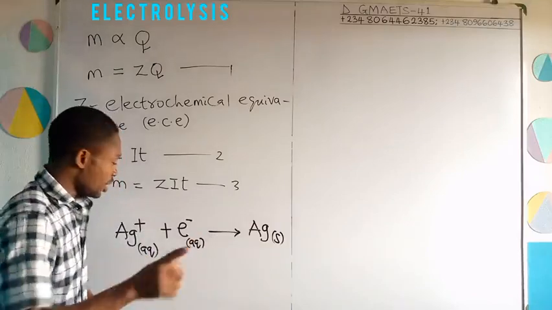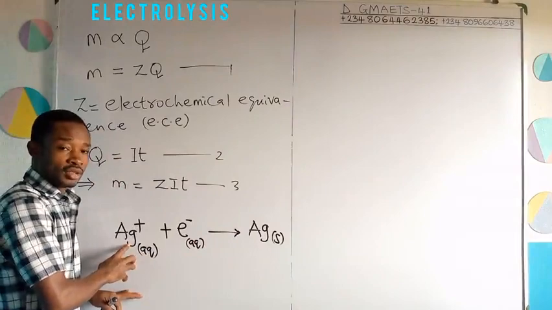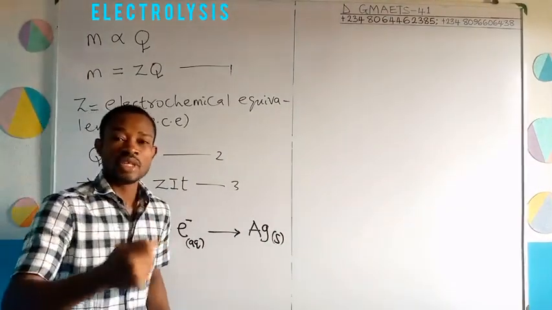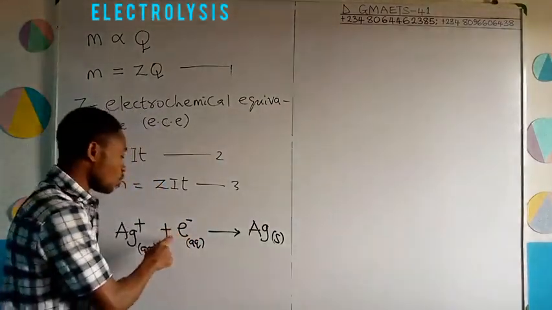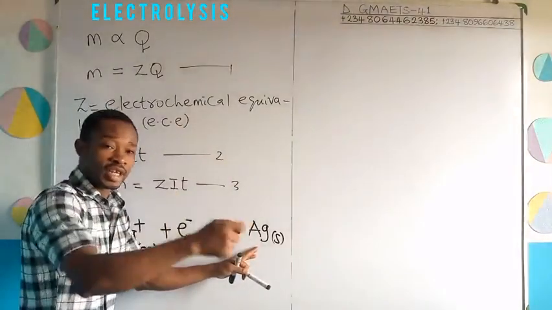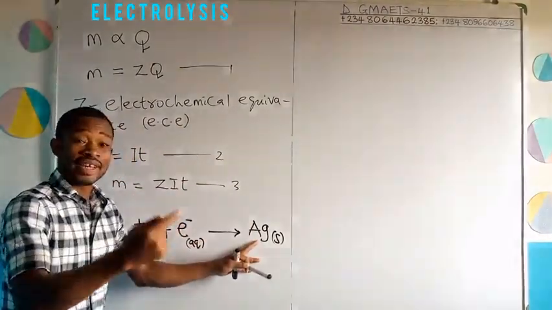So what do we do there? How many electrons were picked by silver? 1, because silver is univalent. So we can now interpret that to mean that 1 Faraday, that 1 electron, gave up 1 mole of silver, discharged 1 mole of silver from the solution. And 1 mole of silver is 108 grams.